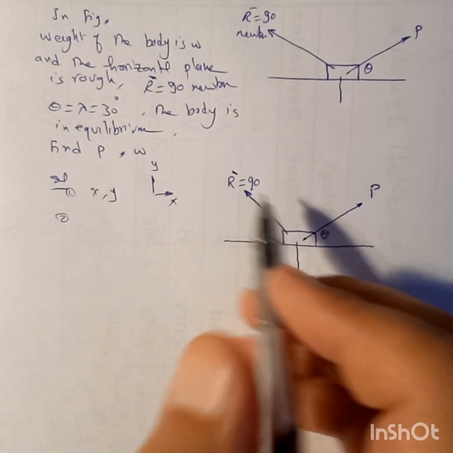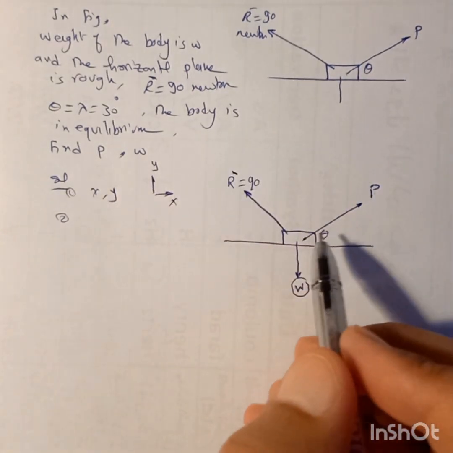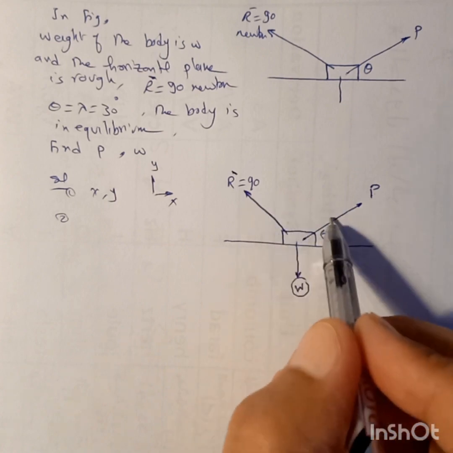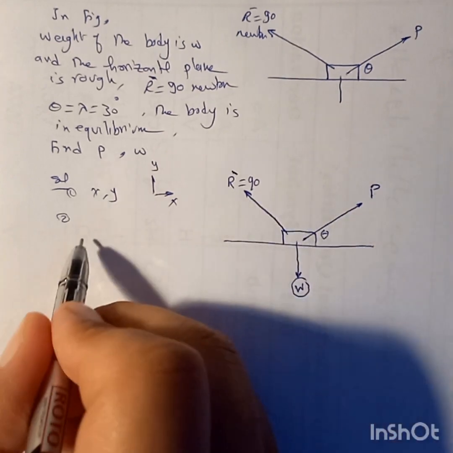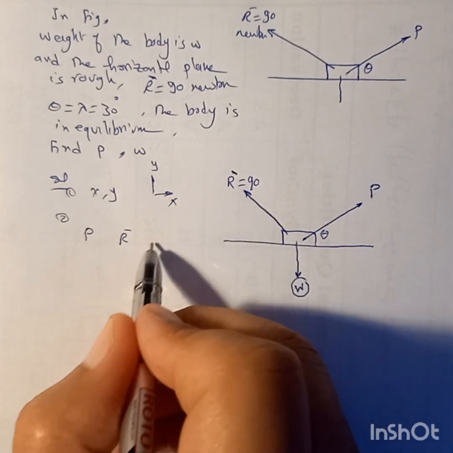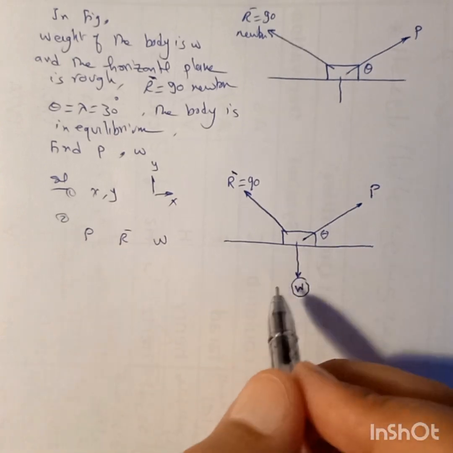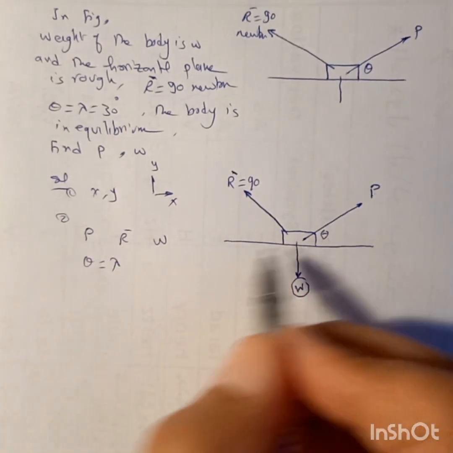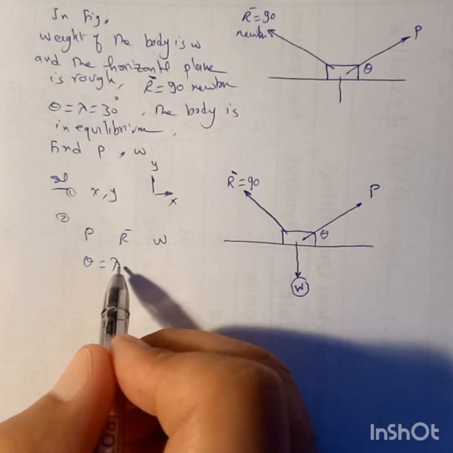The body is in equilibrium, as given in this problem, under the action of these three forces: P, R dash the resultant reaction force, and W the weight of the body. Also we have theta equals the friction angle lambda.